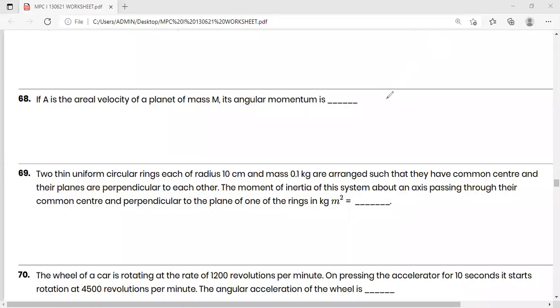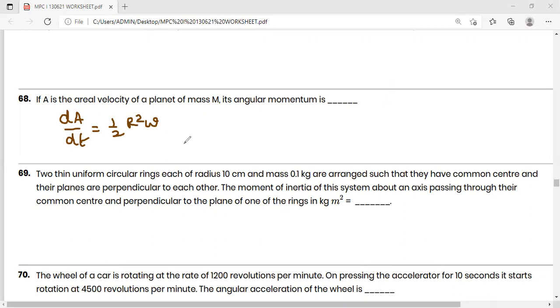Question number 68. If A is the areal velocity of a planet of mass m, the angular momentum is? Areal velocity is given. We know that areal velocity is dA by dt, and areal velocity is always equal to half r square omega.